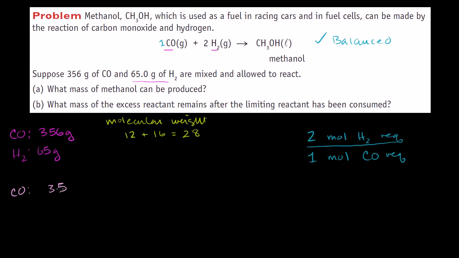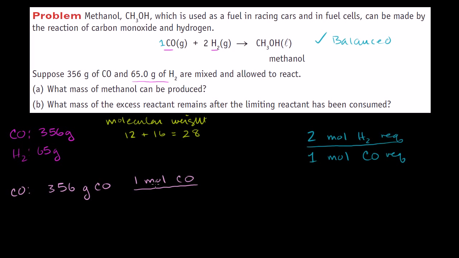So we have 356 grams of carbon monoxide. And we want to write this in terms of how many moles of carbon monoxide we have. So 1 mole of carbon monoxide has how many grams? Well, its molecular weight is 28.